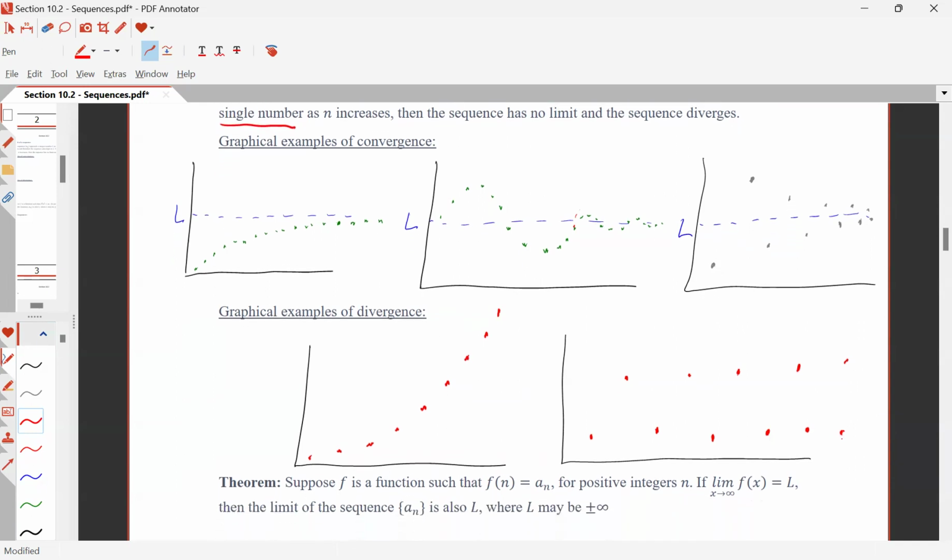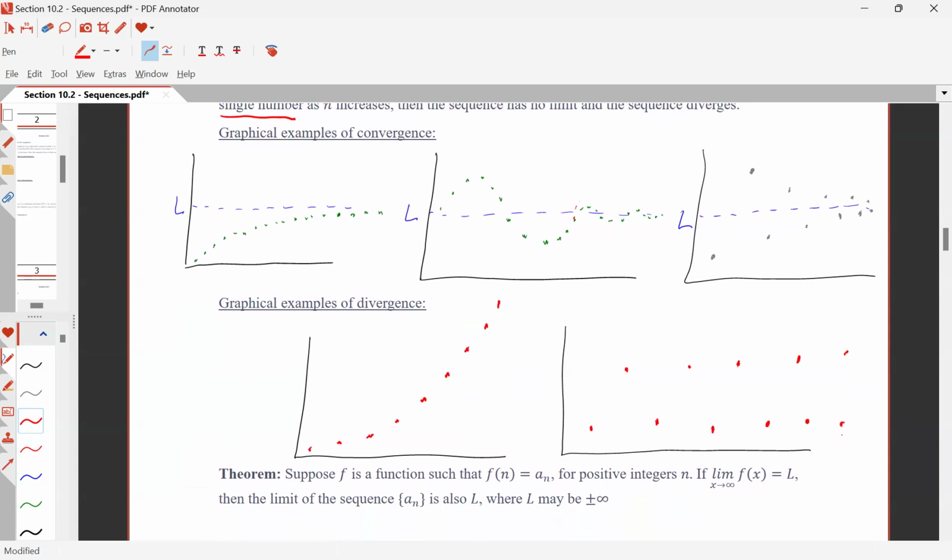And as has already been stated, we have our first theorem. That is, suppose we have a function where it's the same as the sequence at the sequence inputs. If the limit of the function exists, then the limit of the sequence is that same number.